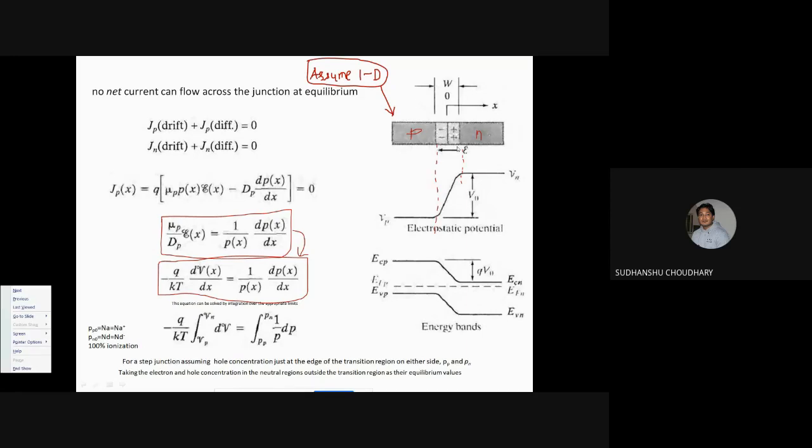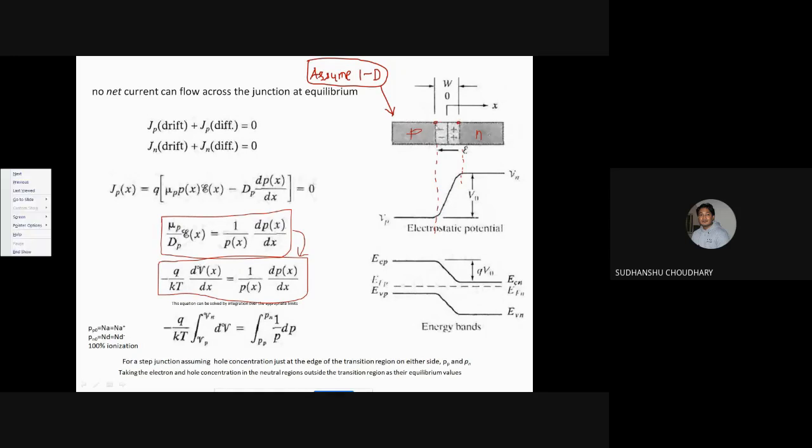So one can set the limits from this point to this point. We want to find out the change in electrostatic potential with x. At this point, the potential is Vp, constant potential, right?